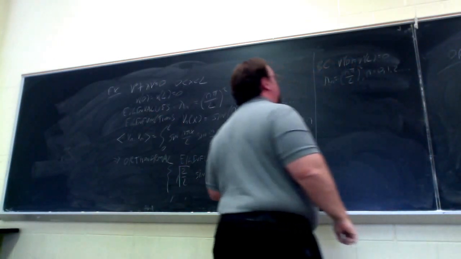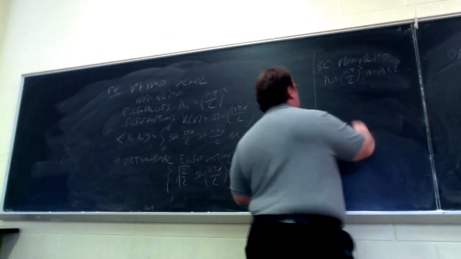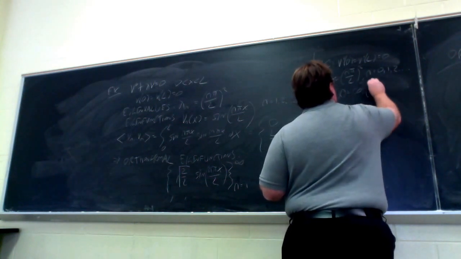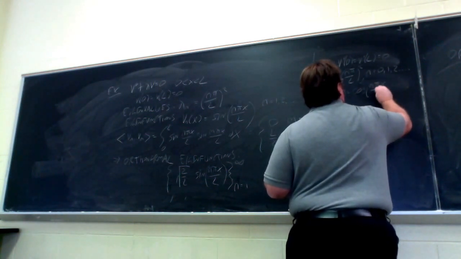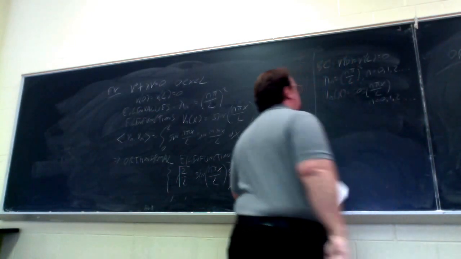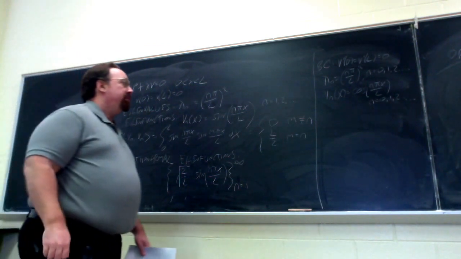So you have 0 as an eigenvalue, and your eigenfunctions are cosine n pi x over L. When n equals 0, you have a constant function, v 0 of x equals 1, as an eigenfunction.